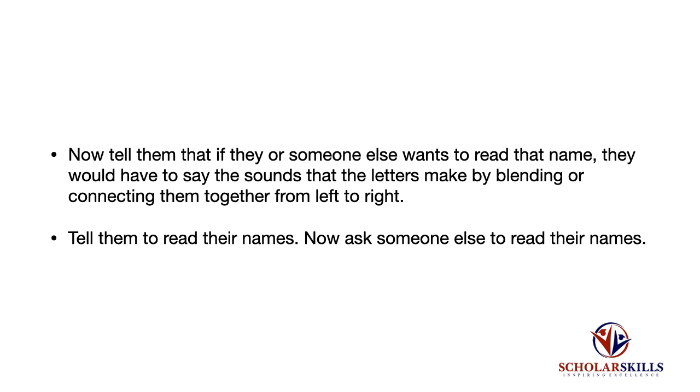The sound was Bob, and I wrote B, which is b. I wrote O, which is o, and I wrote B again, which is b. And so now I have Bob. When I say it all together, I blend the sounds quickly. I don't say b-o-b, I say Bob. And you're going to teach them that that's how they really learn to say their names.